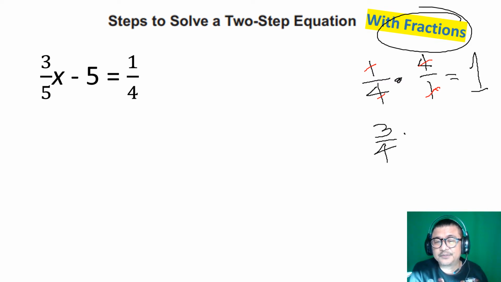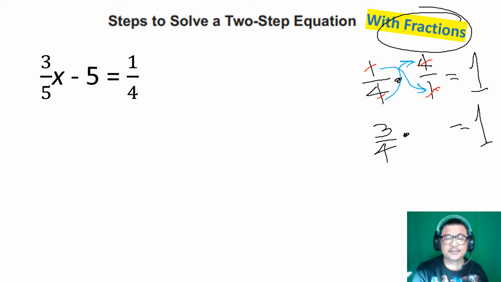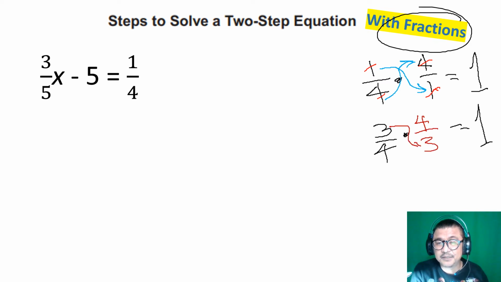So how about if I have 3/4? What do I multiply to 3/4 so that the result will be 1? Okay, I'll give you a clue. Look at what we did a while ago. The 1 goes down, the 4 goes on top. Oh, and then the result will be 1. So for 3/4, multiply it by 4/3. What happens? The top number goes down, the bottom number goes up.